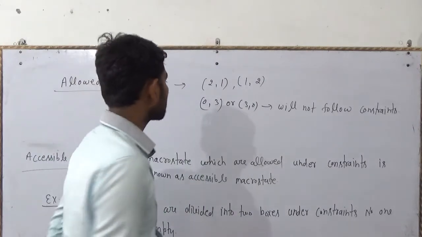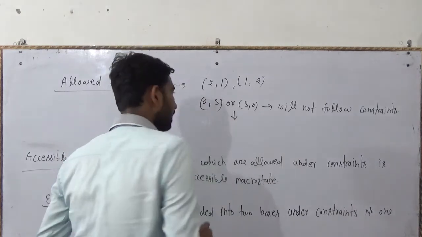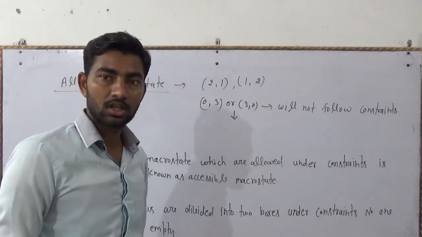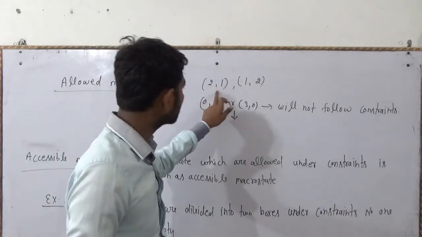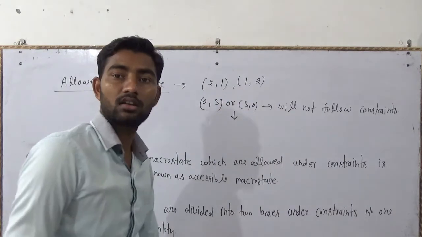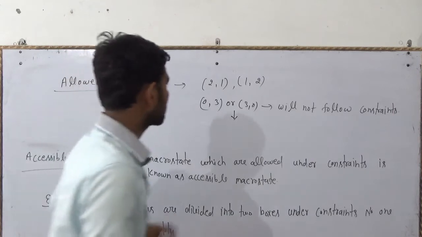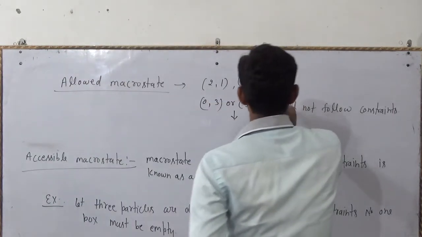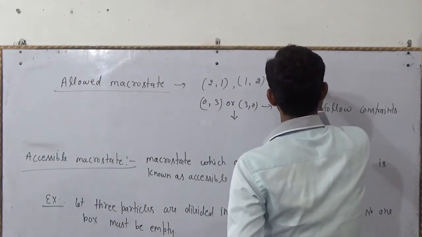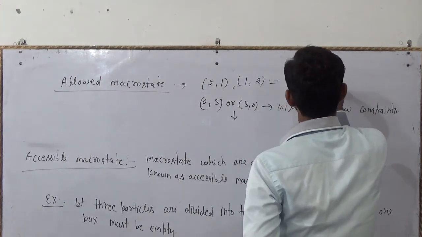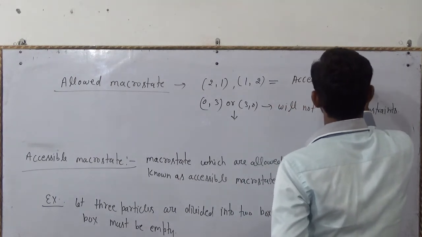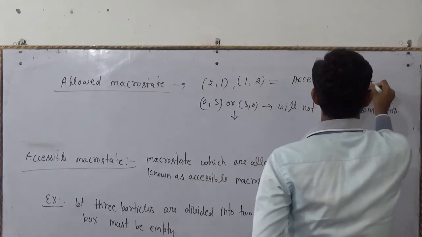So these are not allowed, but 2, 1 and 1, 2 are allowed microstates. So these are accessible microstates.